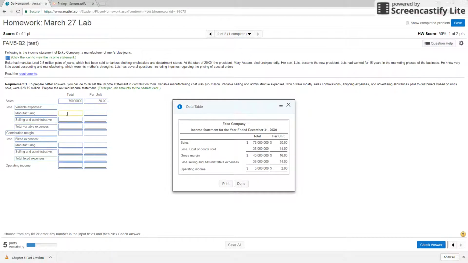For our manufacturing cost, which is the variable manufacturing cost, the question gives us $25 million. So 25 million as our variable.